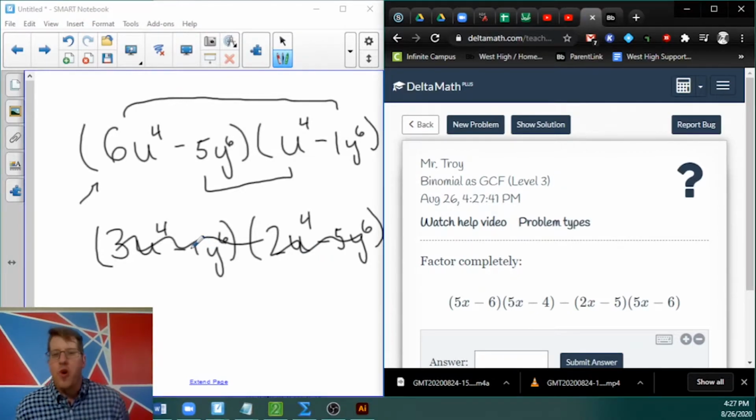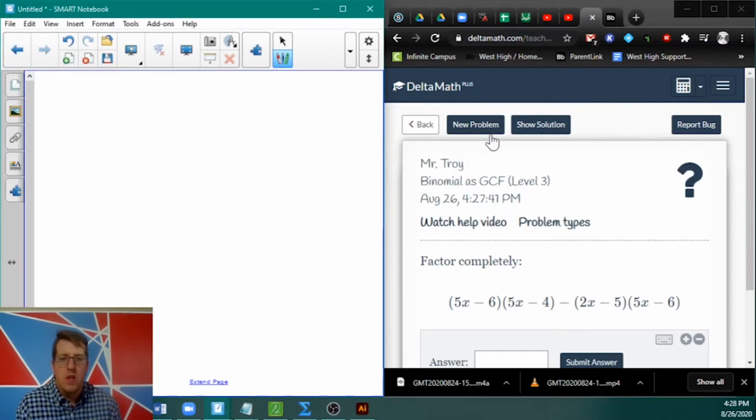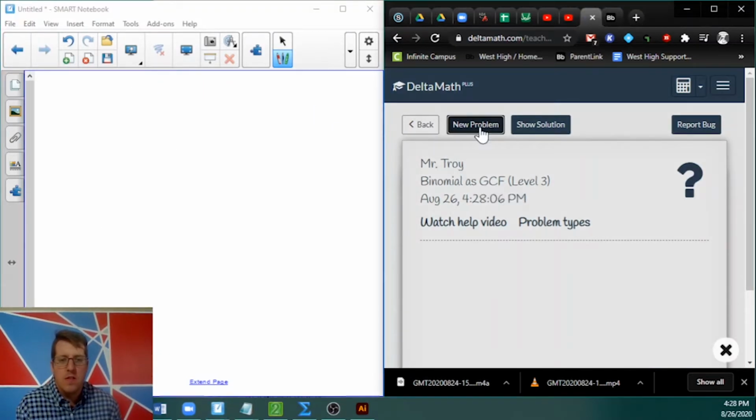Okay, I switched over to a new problem type because variety is the spice of life. So here we go. This is more factoring, just practicing with a greatest common factor that's kind of weird. So let's pick one I haven't seen before.